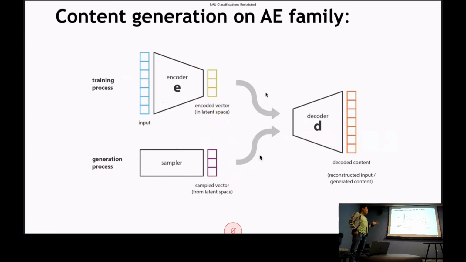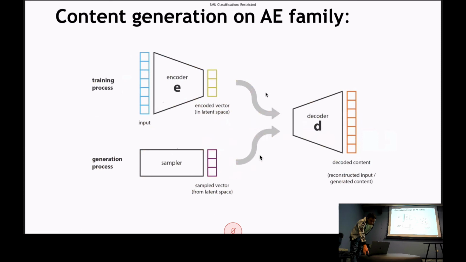So when they talk about content generation with an autoencoder, what they actually mean is that after we train both the encoder and the decoder, we just take the decoder and randomly sample some data from the reduced dimensional space, and then we put it into the decoder so that it would generate new data.